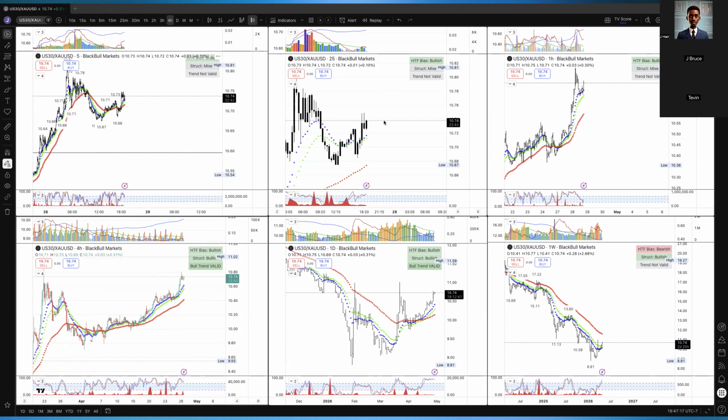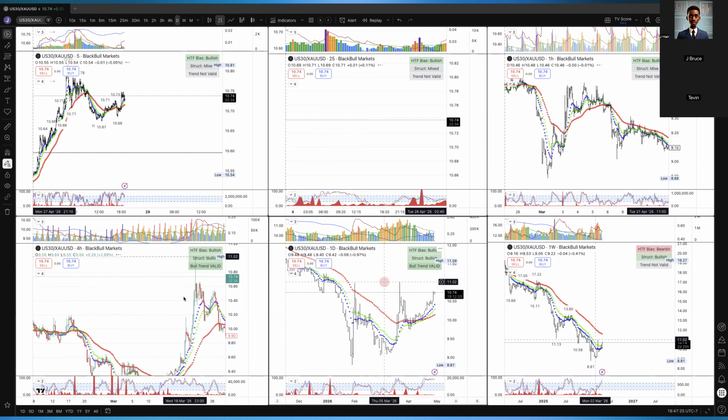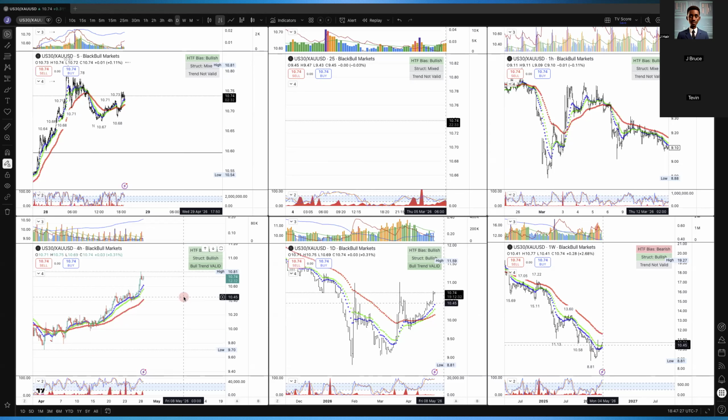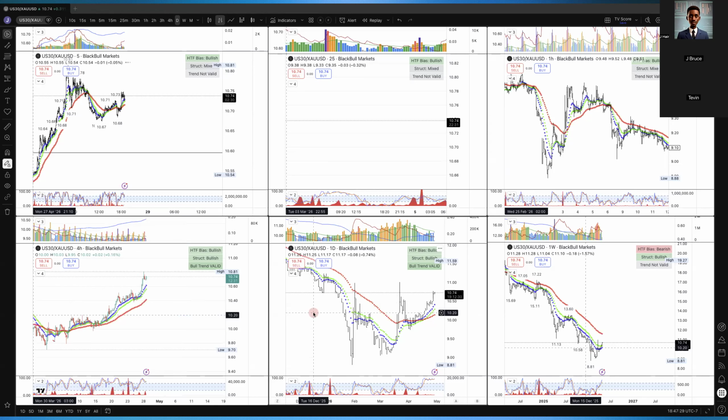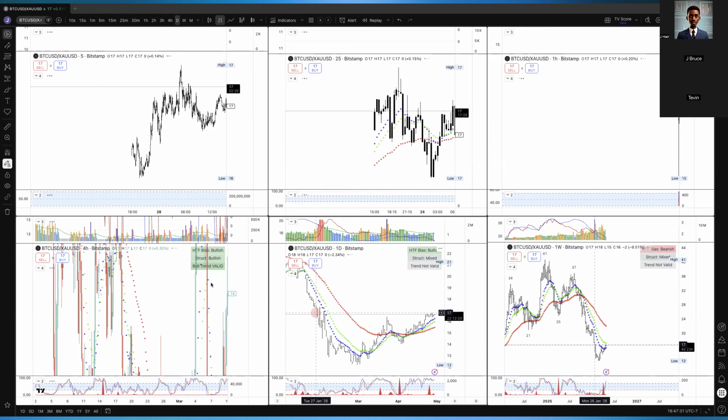However, they haven't broken above the resistance that is keeping them bearish at the moment. So slight risk on sentiment. Equity markets are getting the oomph, that push of bullish sentiment.